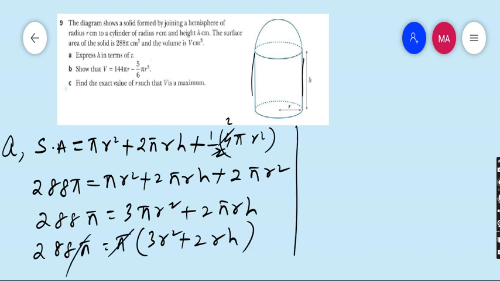Pi cancels by pi. So 288, and this 3r square shifted over here, is equal to 2rh.